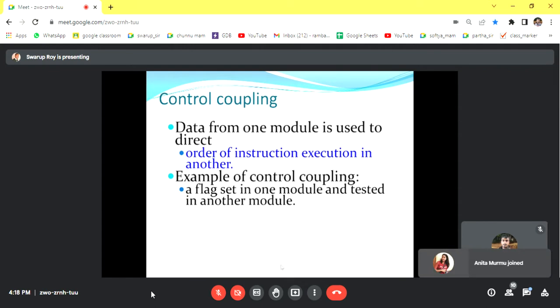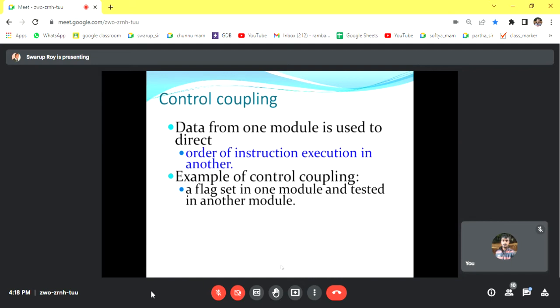So that means you are passing an output or control signal from one module to the other module. Just keep in mind that a module is basically a set of functions. There may be n number of modules, and inside each there may be m number of functions.